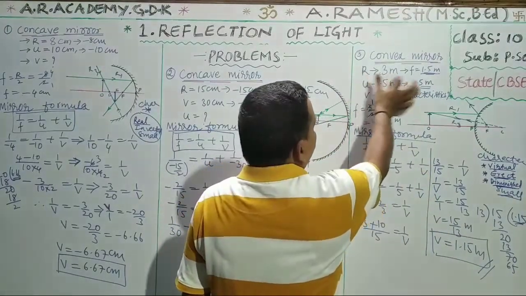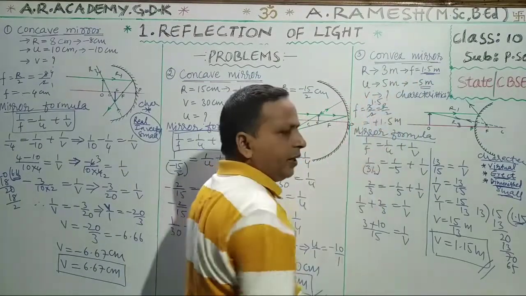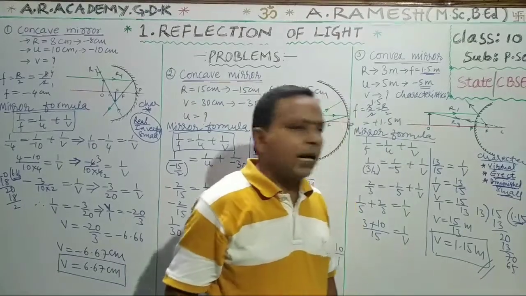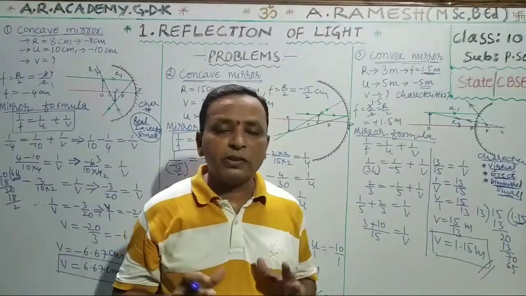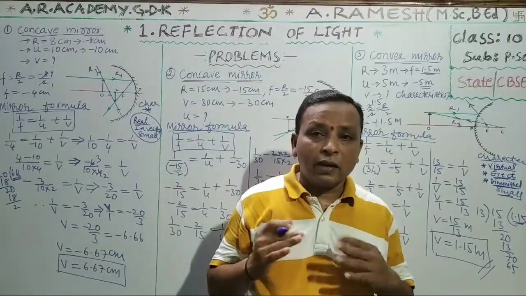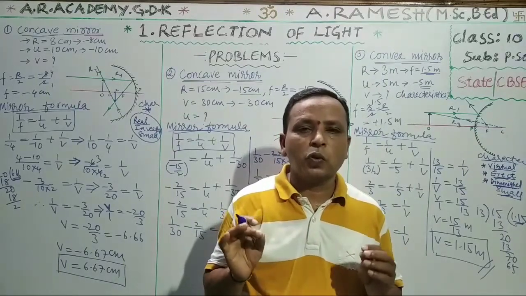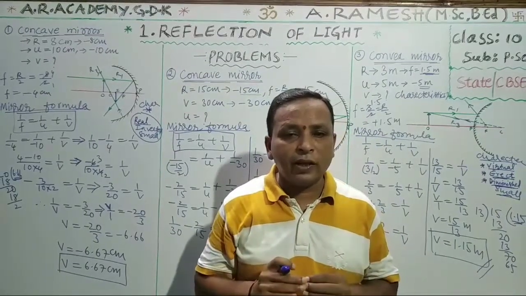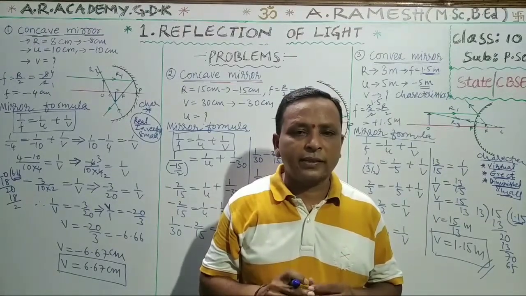Finally, R was given, F we calculated, using the relation of U, V and F. Finally we got the image distance and the characteristics also. While doing problems, children, remember the sign convention rules, very important. And for convex and concave mirrors, rule 1, rule 2, rule 3, those are also very important while solving problems. Remember, children, and practice problems like this.